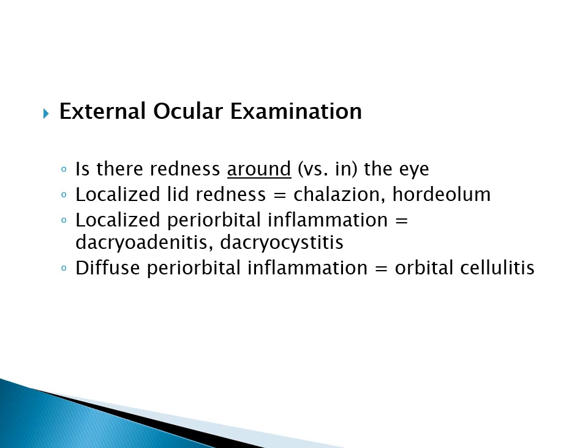We should also observe for eyelid swelling, localized swelling or diffuse swelling, if it is also associated with tenderness or not. We should look for any area of tenderness and localize it. For example, if it is related to the lacrimal gland, it's called dacryoadenitis. If it's related to the lacrimal sac, it's called dacryocystitis.